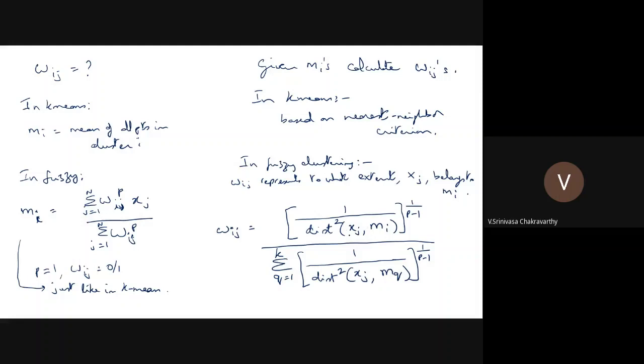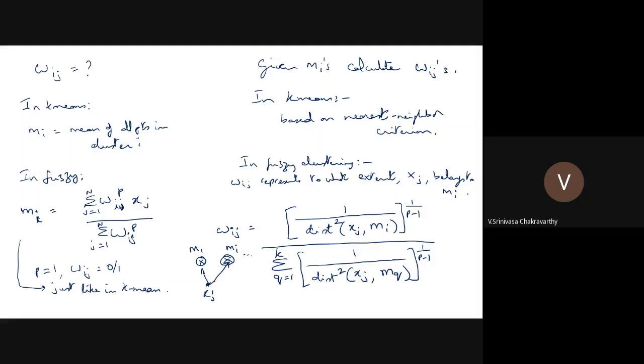But the problem is, if you just use the inverse of distance, then if xj goes and sits on mi, the distance becomes 0 and this quantity will blow up, which you don't want. So to normalize that, you take the point xj and all the mi's, m1, mi, etc. Take all these distances and take the inverse of them.